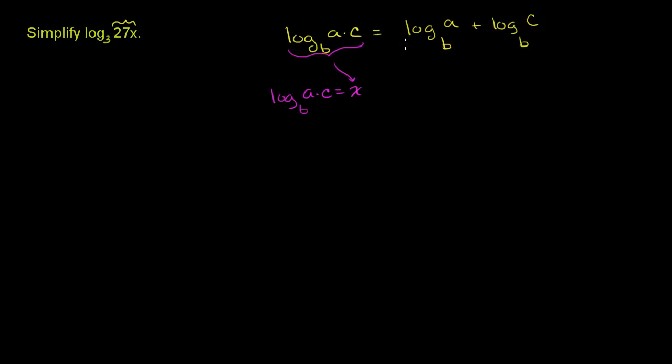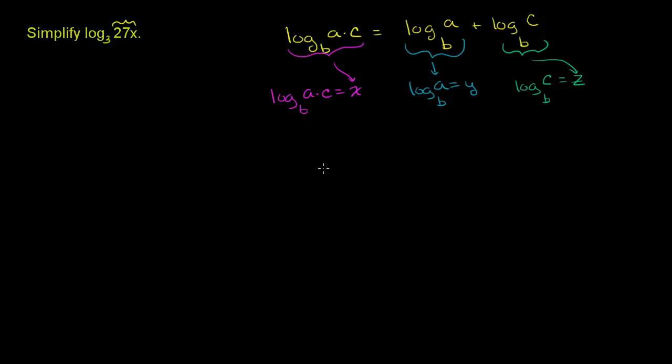Let's say that this thing right over here evaluates to y. So log base b of a is equal to y. And let's say that this thing over here evaluates to z. So log base b of c is equal to z.